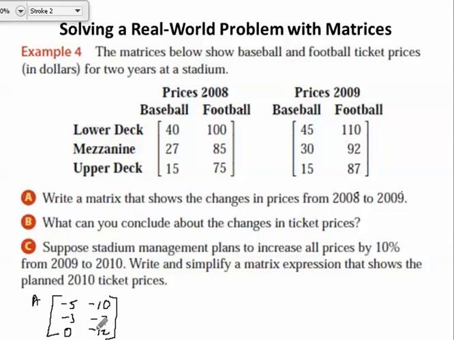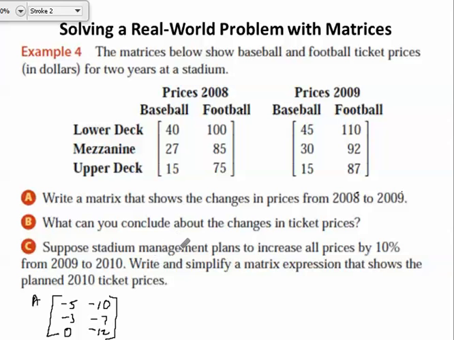Why am I saying up in price? Because I was subtracting 2008 minus 2009. So the prices have gone up, right? 40 to 45, all the prices have gone up except for one. I would say baseball prices have changed a lot less than football prices. There's a lot of different things you can look at when you're looking at those matrices to see this.